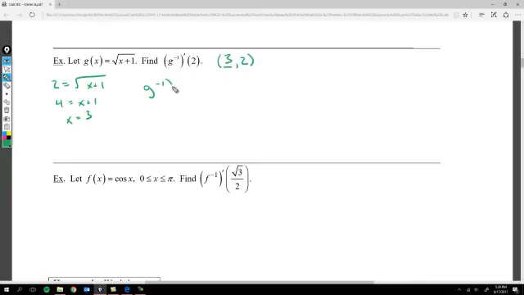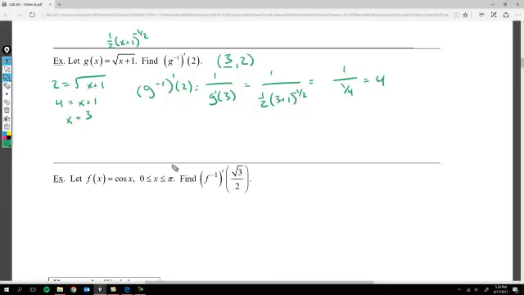So g inverse prime of 2 is equal to 1 over g prime of 3. I don't really know what g prime is in the first place, so let's find that. It's 1/2 times x plus 1 to the negative 1/2. I just have to plug 3 into that. We end up getting 1/4, and so 1 over 1/4 is just 4.